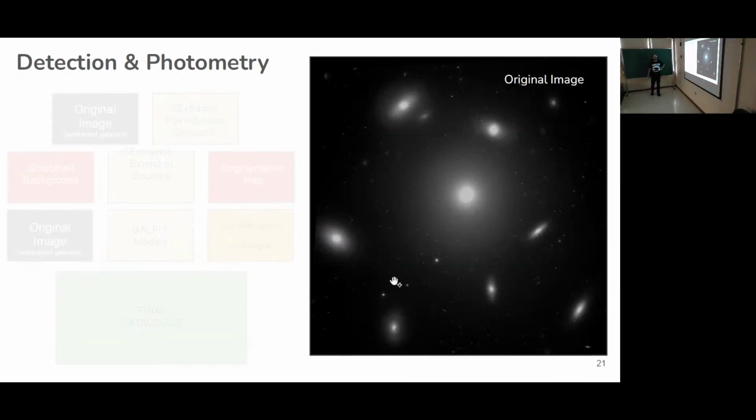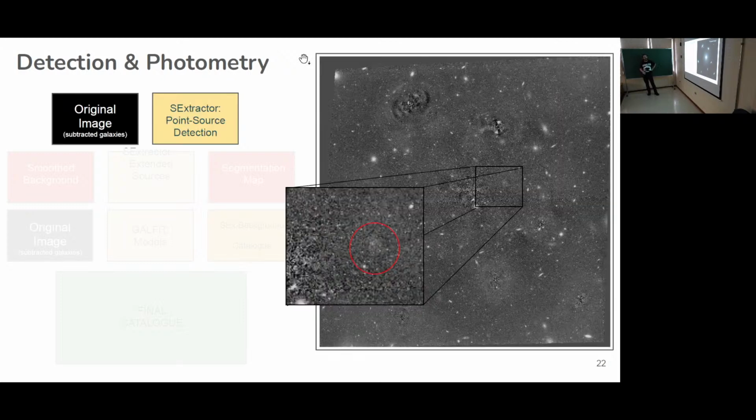The way that we did it was simply an iterative process where we start with an original image like this. Then we model each of the large galaxies on the image that might obfuscate the smaller dwarfs in the image. And we get an image like this one with all the large galaxies subtracted.